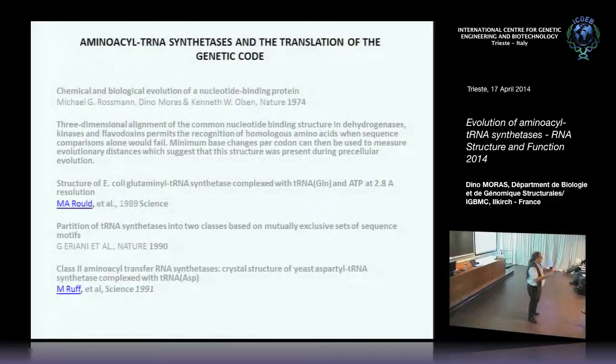There is a double condition. Importance of the residue, and it cannot be put in another place because it will destroy. So by combining that, they found the alignment. And if you go to the paper, very few amino acids were conserved. But the fact is the synthetases could be partitioned in two classes, two families of enzymes.